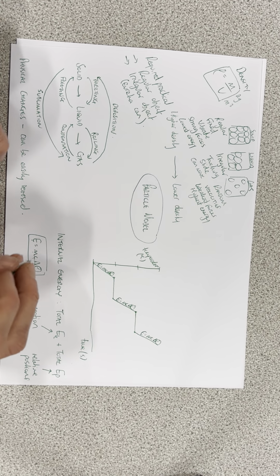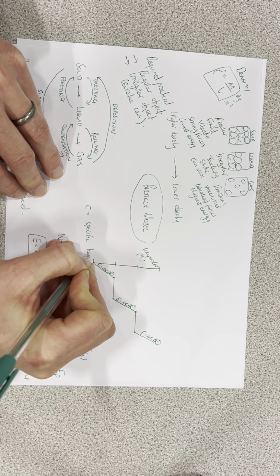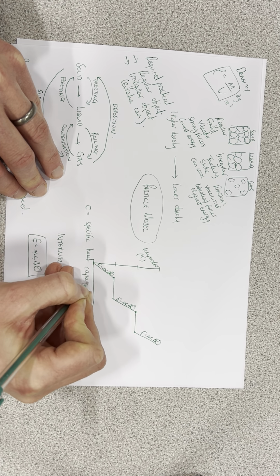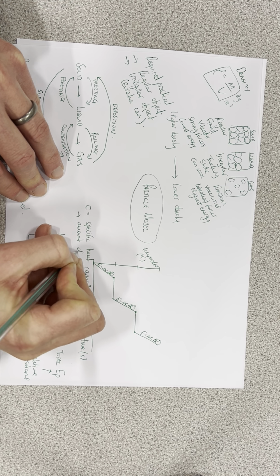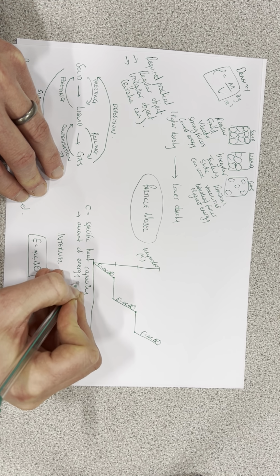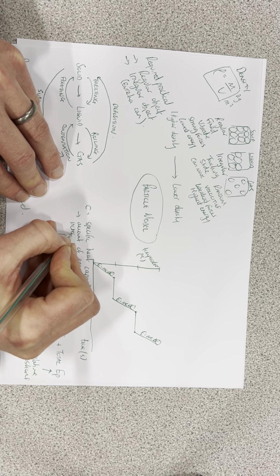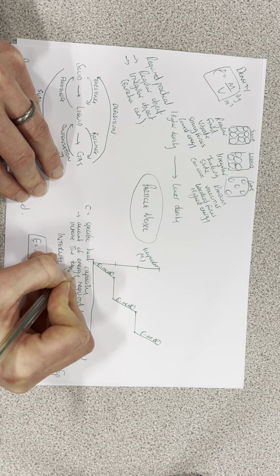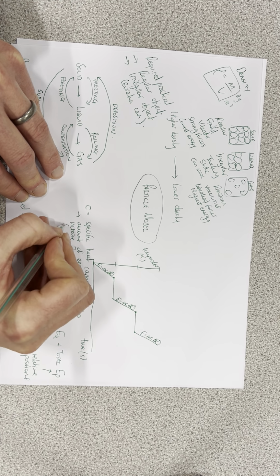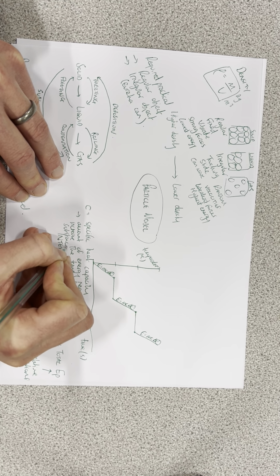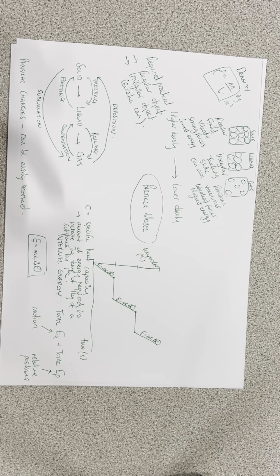The specific heat capacity, if anyone can remember, we saw this on the energy video. This is the amount of energy required to increase the temperature, I'm just going to write temp, of 1 kilogram of a substance by 1 degree C. Okay, so each substance will have a different value for that.